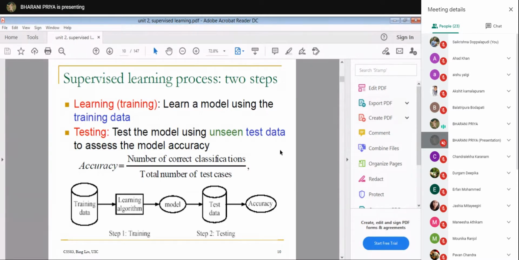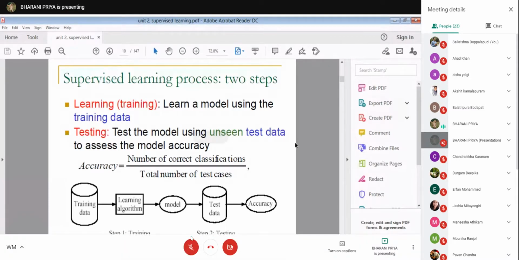If your training data consists of only C1 labels and testing data consists of C2 and C3, then the result may not be appropriate, or you will get wrong results sometimes. And if the training data contains more C1 class labels and only one of C2 and C3, then also you will get wrong results. The distributions of the class labels should be equal.